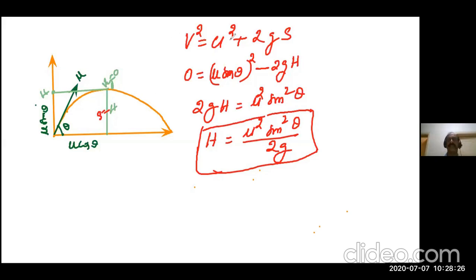Then write V squared is equal to U squared plus 2GS. It's very easy to remember this formula. Once it's over, please tell me. Over, sir. Done. Next heading.